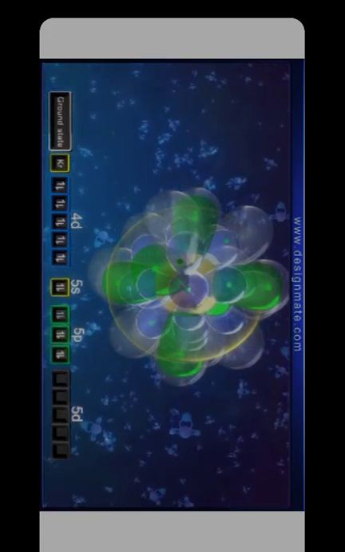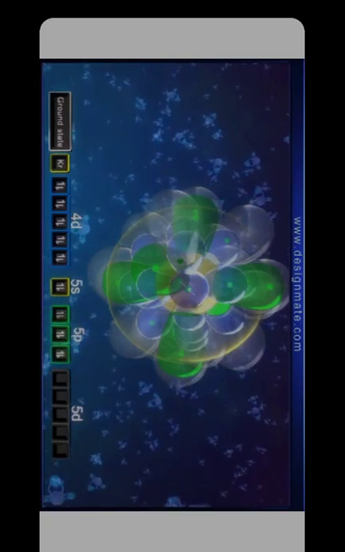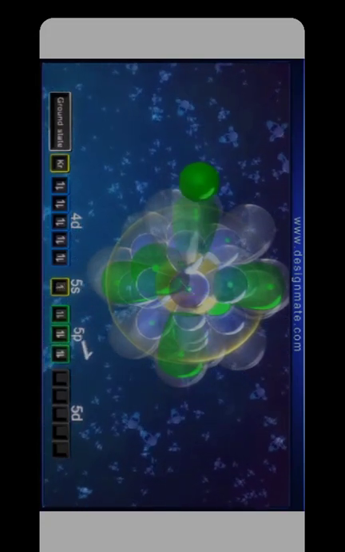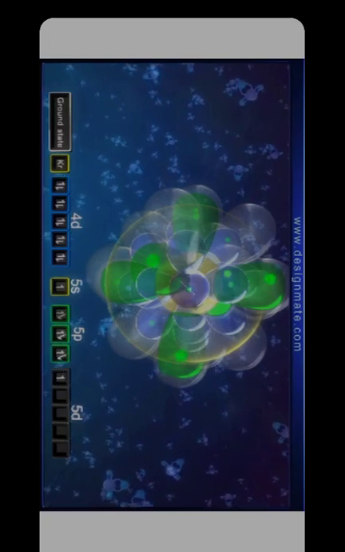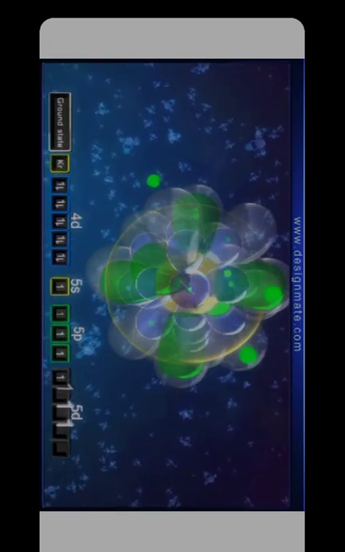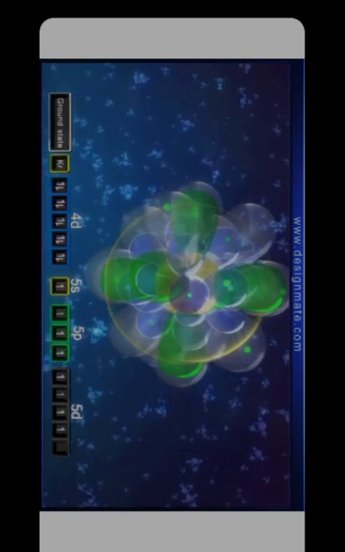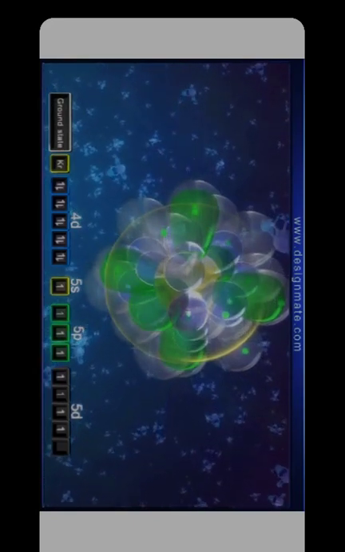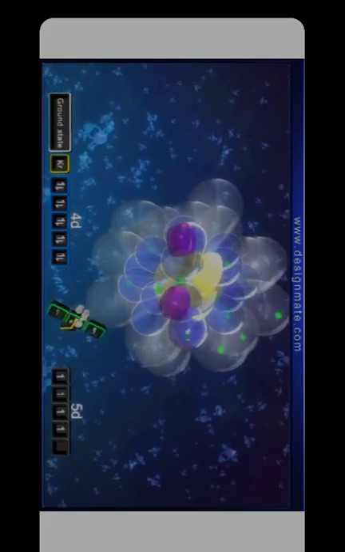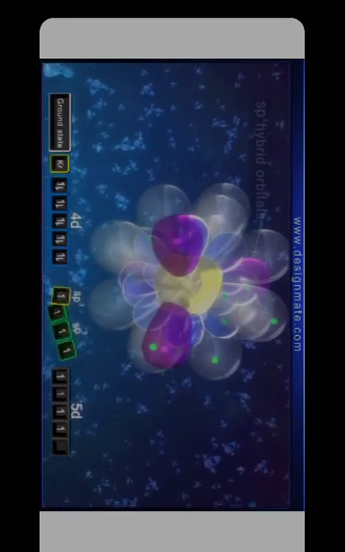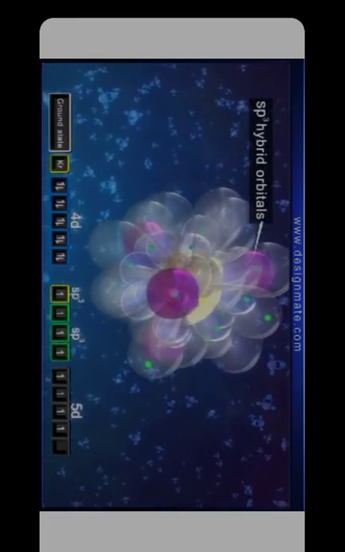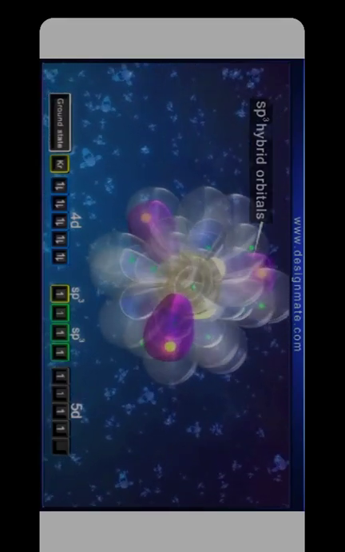In order to accommodate the 4 oxygen atoms, 1 electron each from the 5s and 3 of the 5p orbitals get excited to the 5d level, and the 5s and 3 of the 5p orbitals intermix to form 4 sp3 hybrid orbitals, each of which has a single electron.